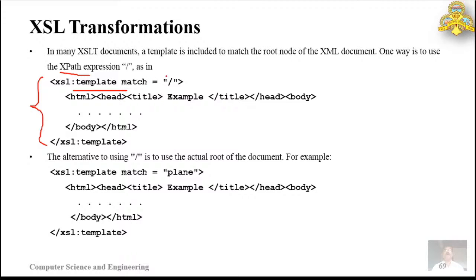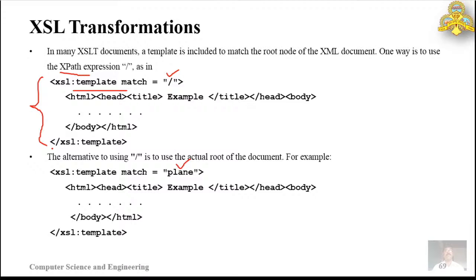Here it starts with the root element /, or if you don't want to use the actual root element, we can also provide an element from which child elements are considered. So this is just the outline of the template.